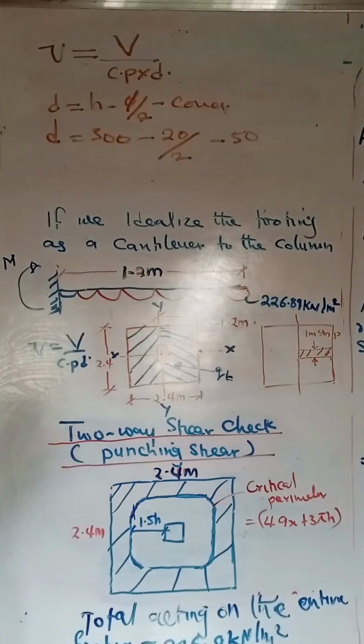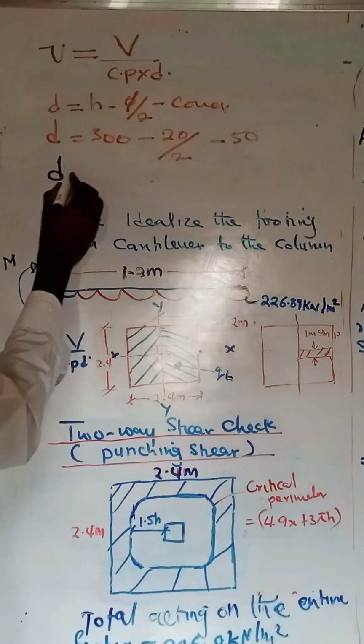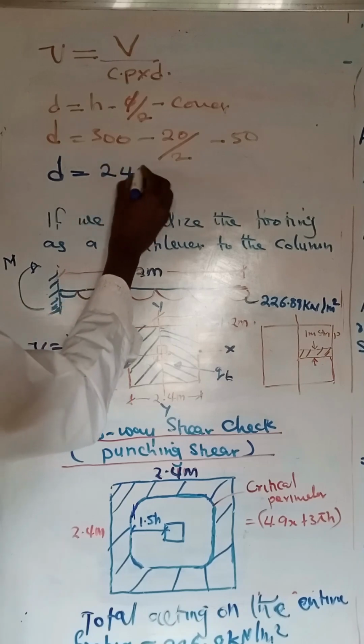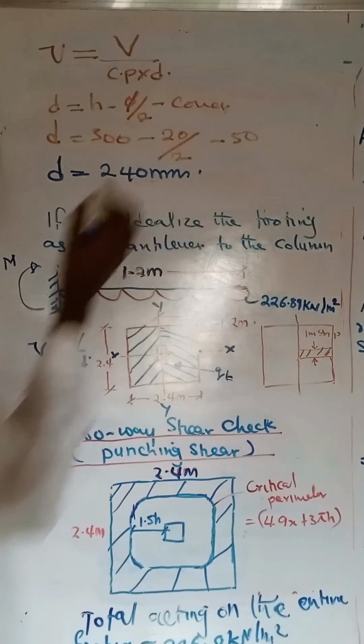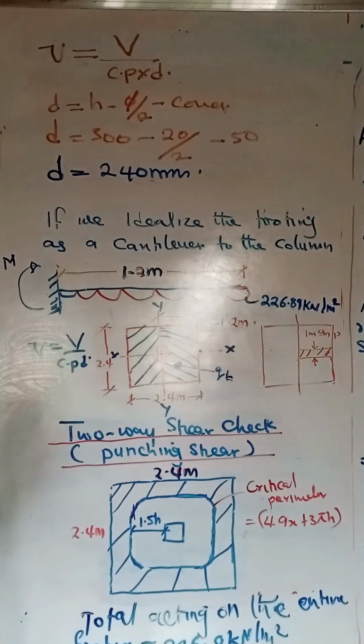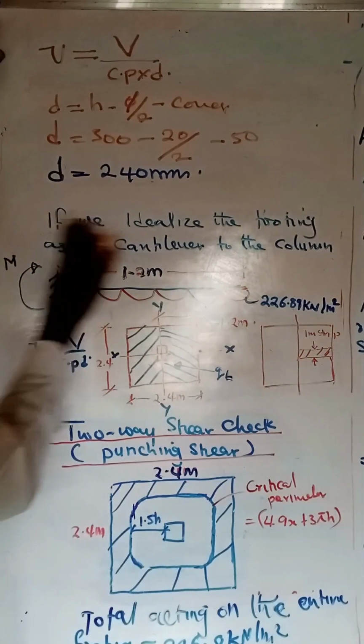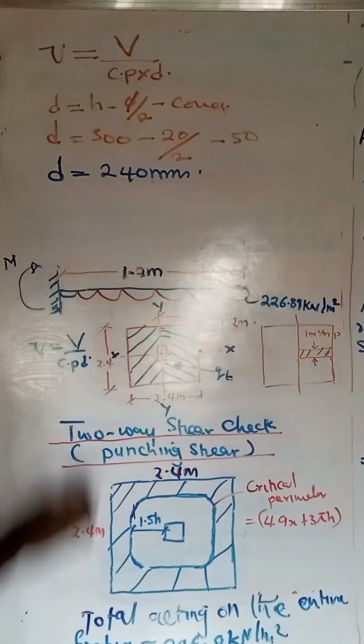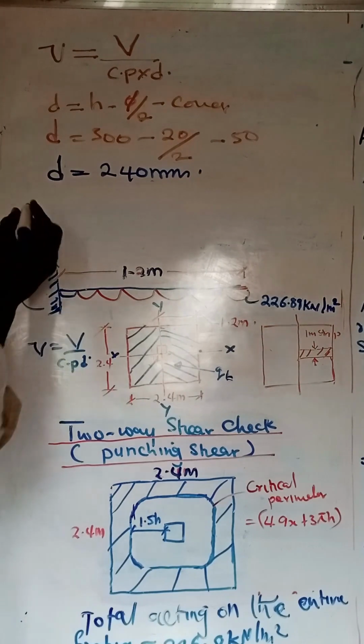At this point, we are assuming a cover of 2 inches, approximately 50 mm, and we are assuming a reinforcing bar of 20. So we subtract 10 for half the bar, which becomes 240 mm. All right, so this represents our effective depth. So once we've gotten the effective depth, the critical perimeter and the force acting outside the critical perimeter, we can now get the shear stress.